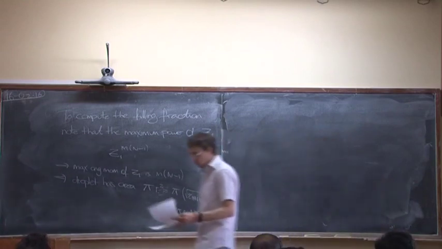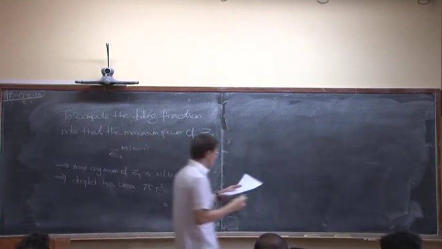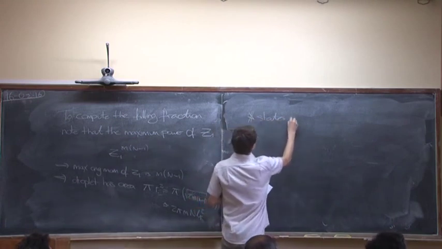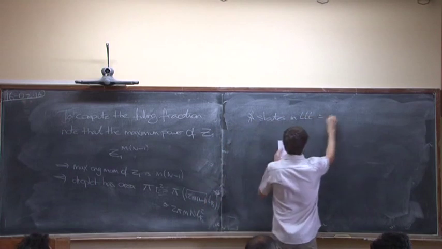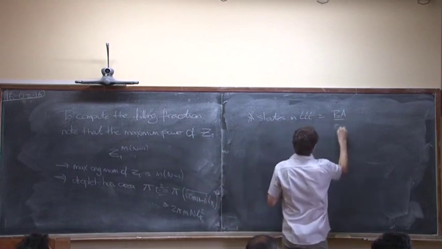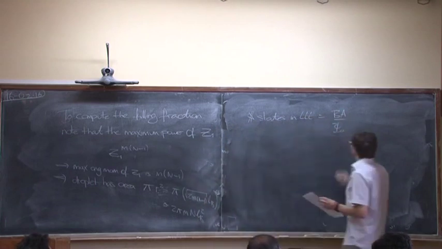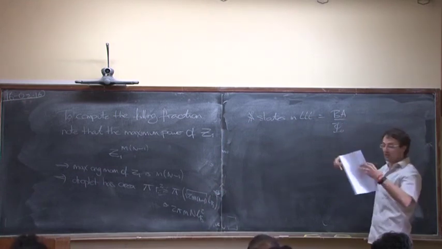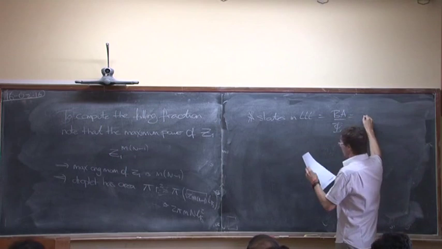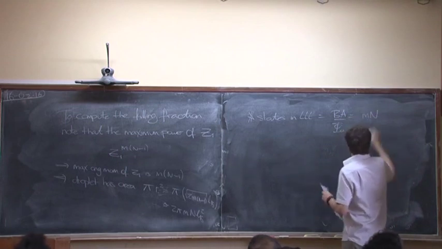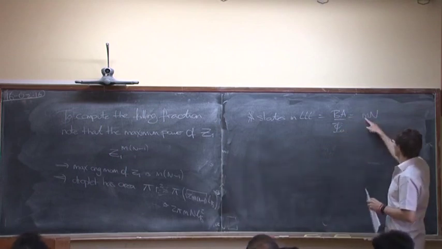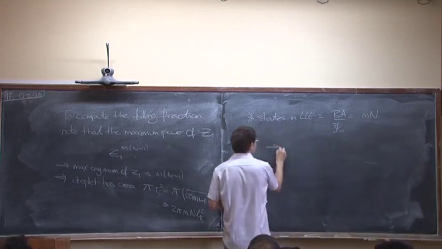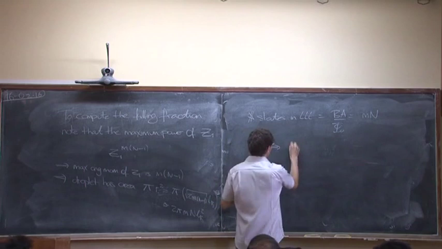Okay, so that's the area of the droplet, but the number of states in the lowest Landau level is just B divided by phi 0 times the area. Just plugging this in, you get m times the number of particles. So the number of states in that area was m times n.